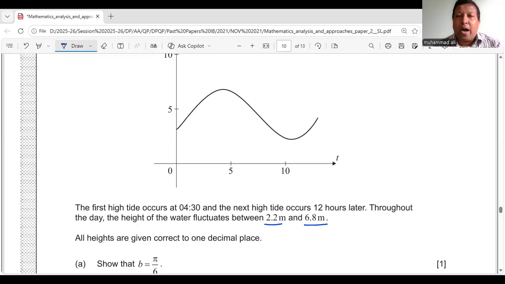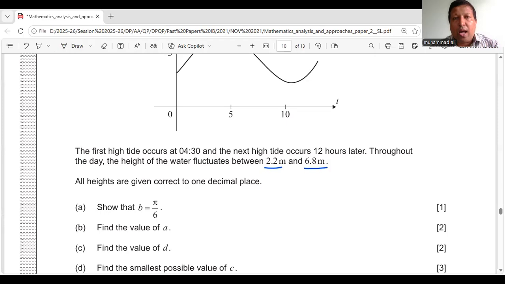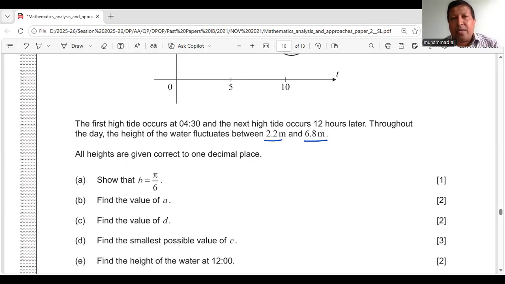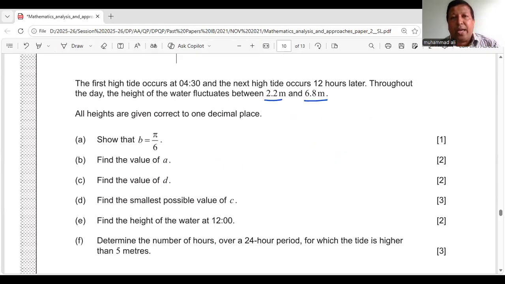That means high tide is 6.8 meters and the low tide is 2.2 meters. All heights are given correct to one decimal place. Part A: show that b equals pi by 6.